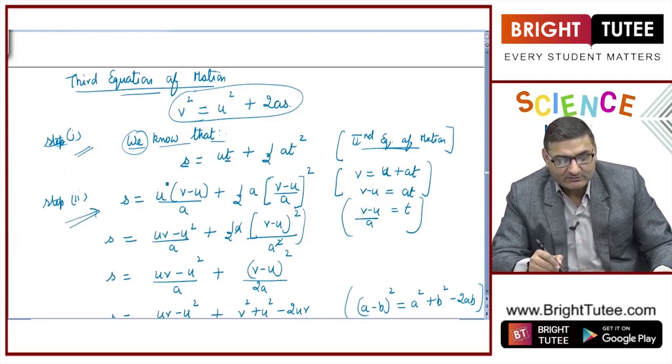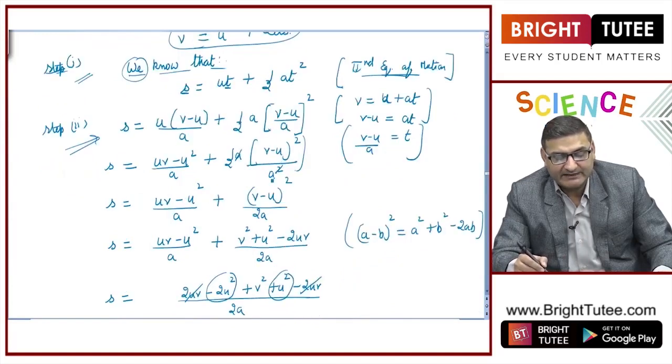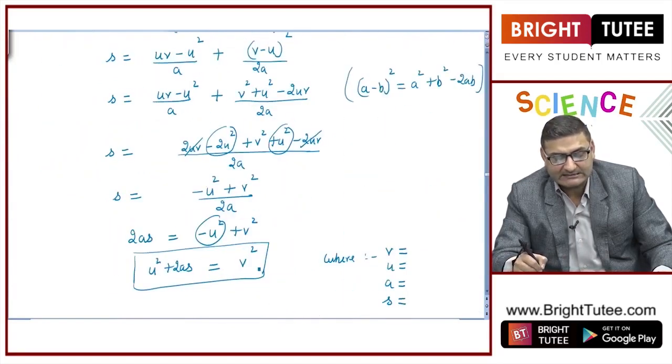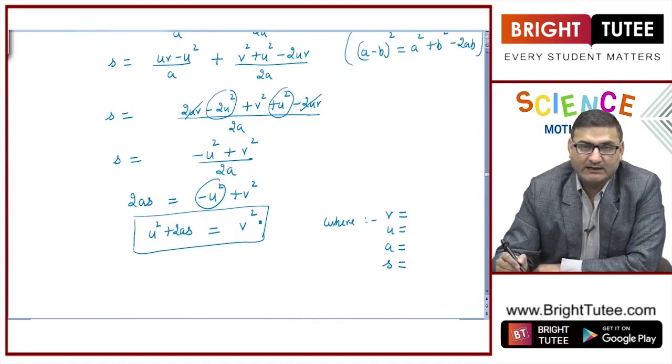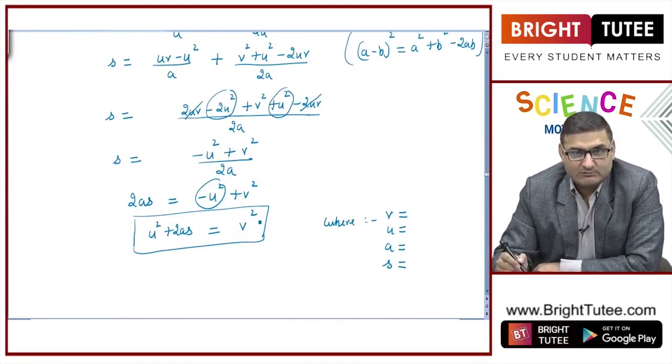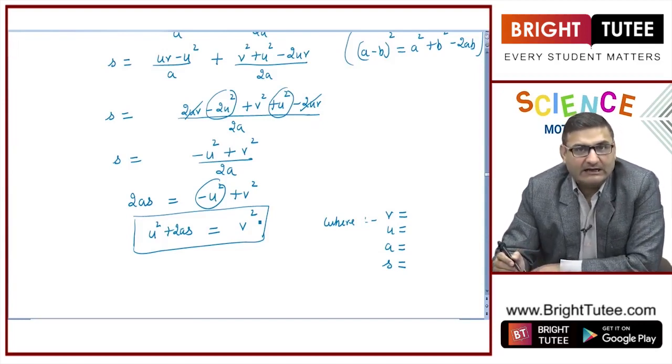After that, it is all the calculation that we have done which will lead us to our final answer, that is the third equation of motion, v square is equal to u square plus 2as. Got it? So, students, now I hope you must have understood from where these 3 equations of motion come.